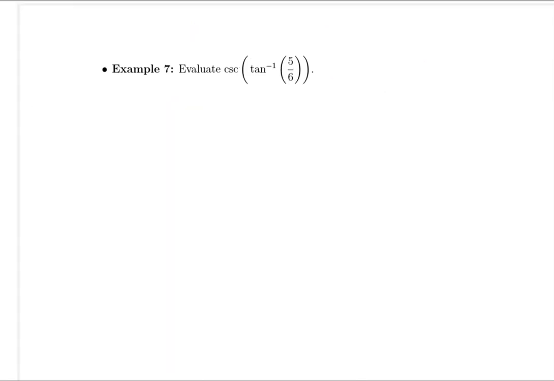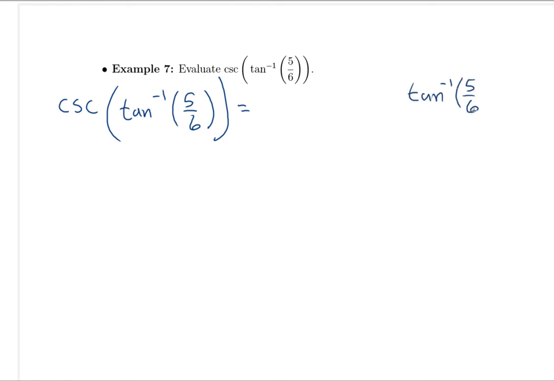All right, so let's take a look at example 7. We're being asked for the cosecant of the tangent inverse of 5/6. I look at that tangent inverse of 5/6, and 5/6 does not ring a bell as a special value at all. So I'm going to set that equal to my angle, which means the tangent of that angle is 5/6.